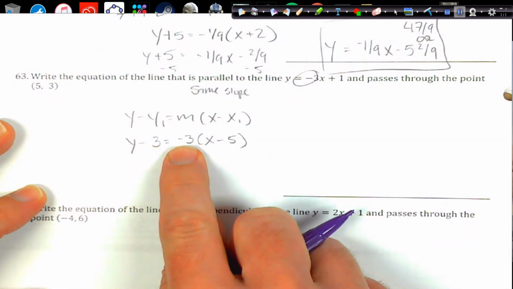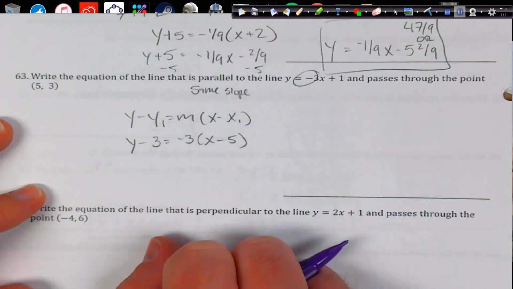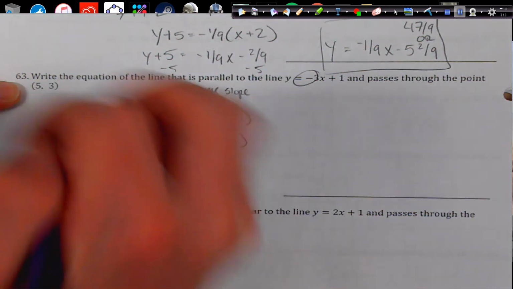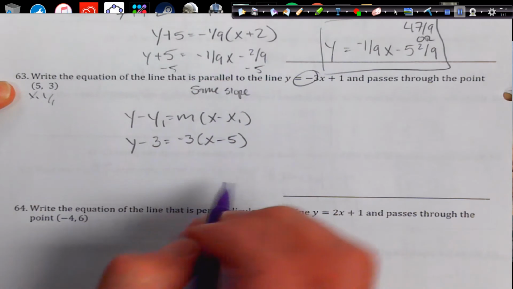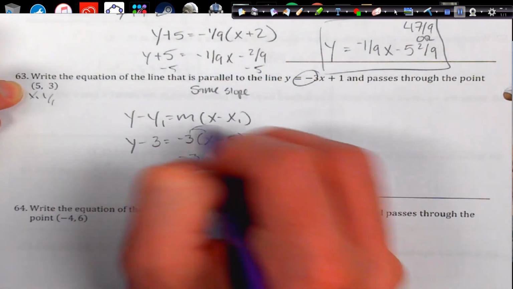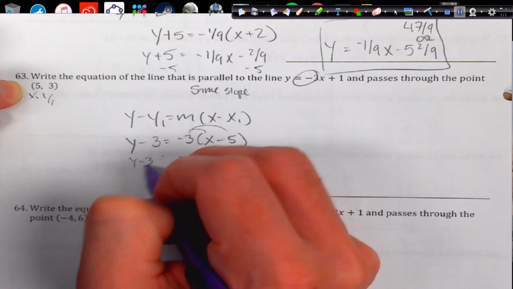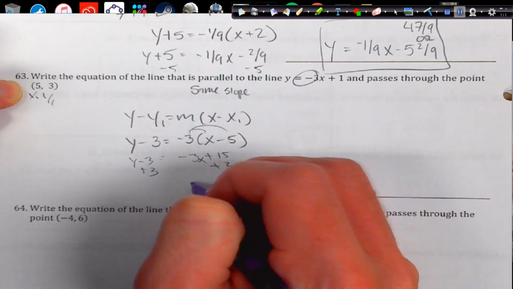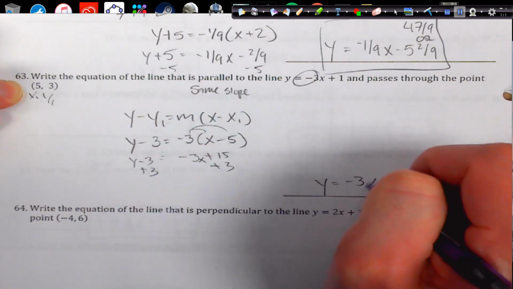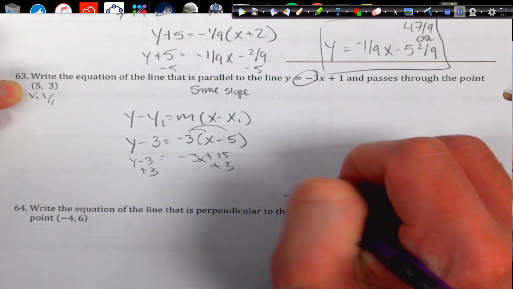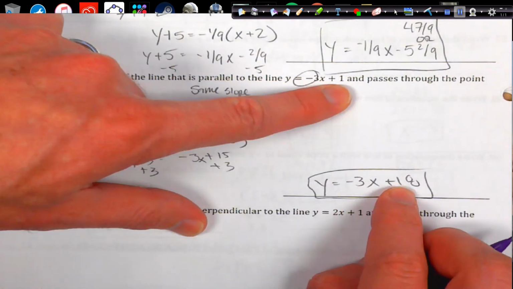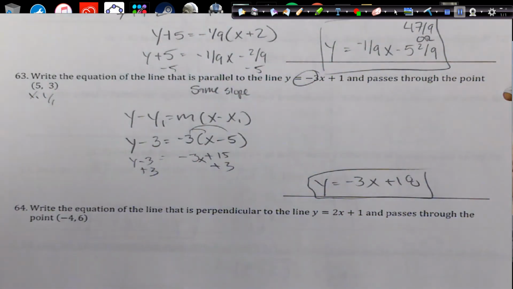So our slope is the same as the other line because they're parallel. And then we plug in our point as x1, y1. And we can go ahead and distribute. And add the 3. Y equals -3x plus 18. Same slope, different y-intercept, so they are parallel.